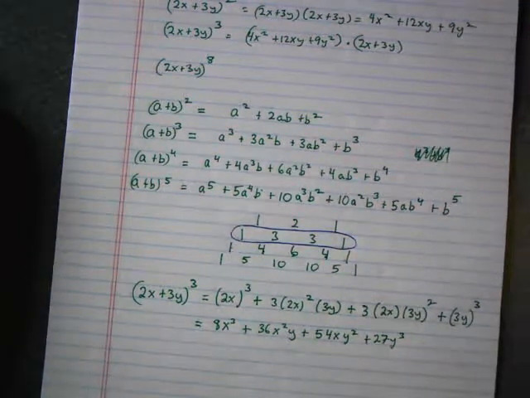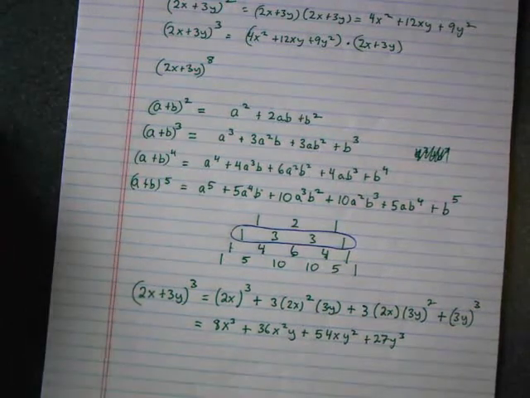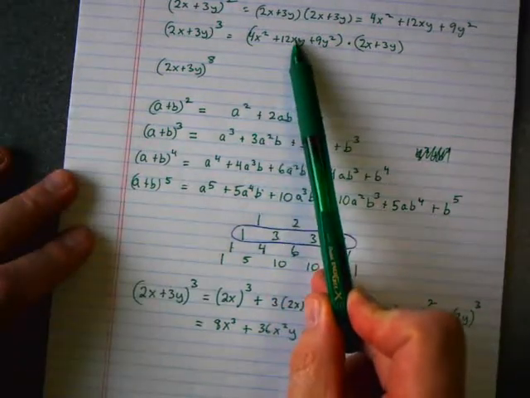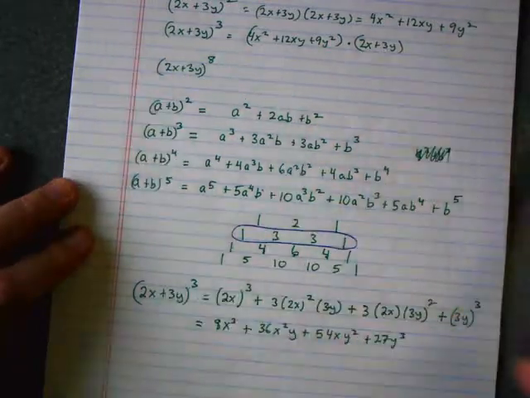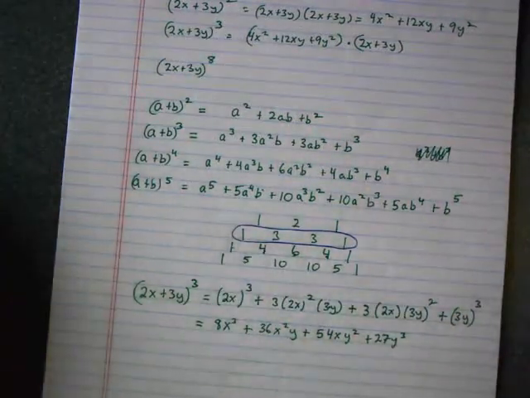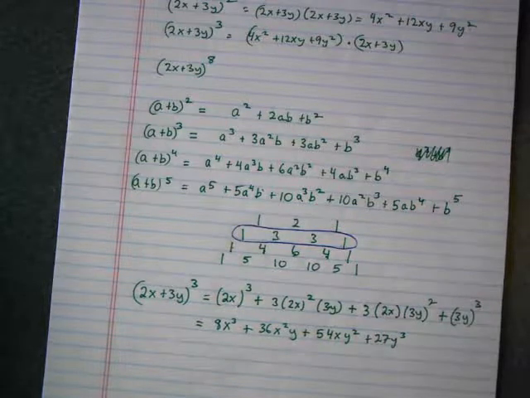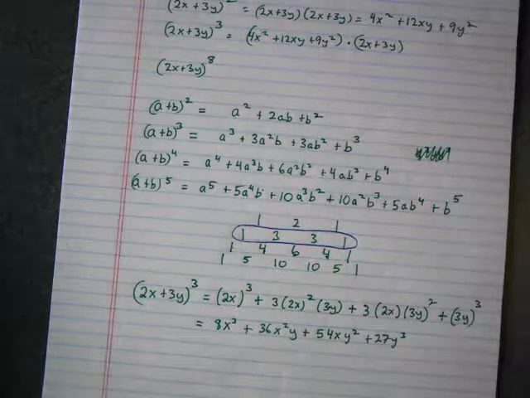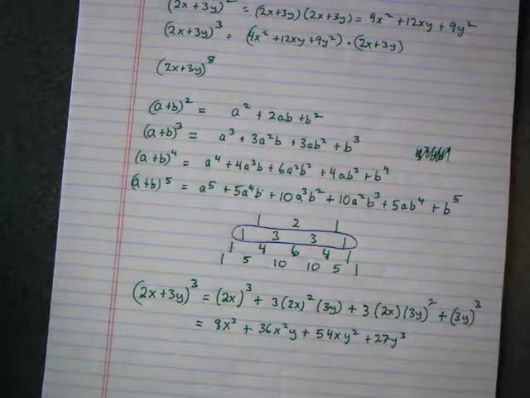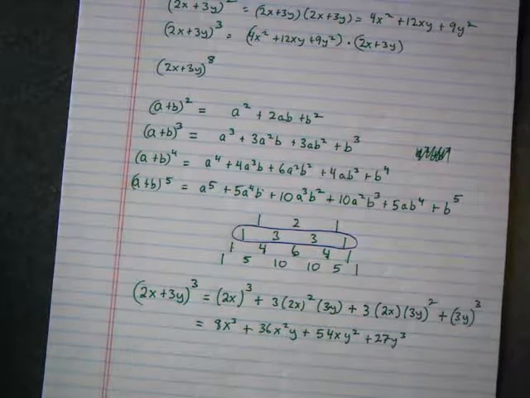I think you'd have to agree that that's easier than even taking the 4x squared plus 12xy plus 9y squared and multiplying it by 2x plus 3y and doing all the multiplications and then finding all your like terms and adding them all together. All right. 2x plus 3y to the 12th. So the problem with 2x plus 3y to the 12th is what?